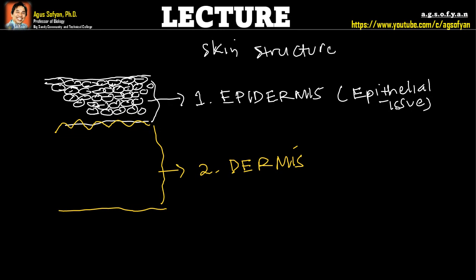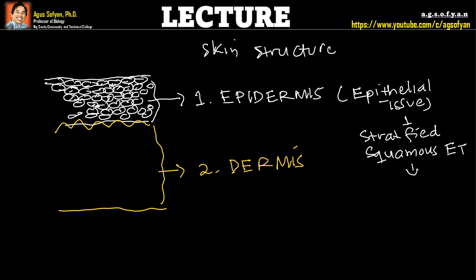Okay, so this epidermis consists of epithelial tissue, which is stratified squamous epithelial tissue. So the primary function of this epidermis will be for protection because it has so many layers of cells in this epidermis.